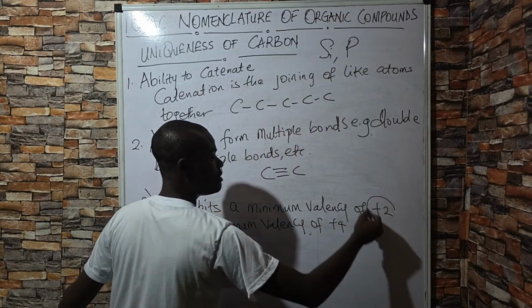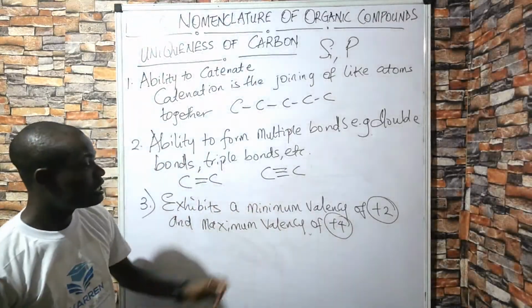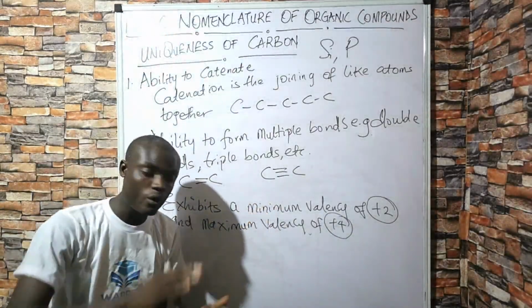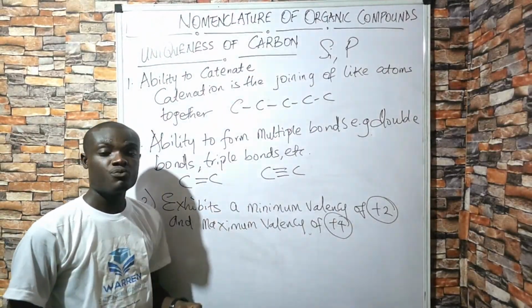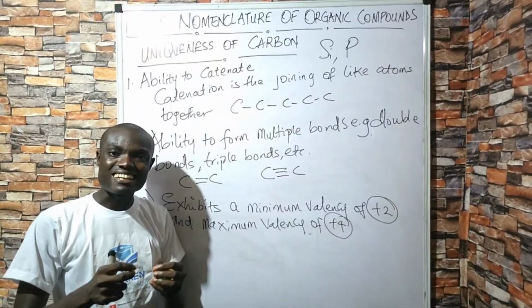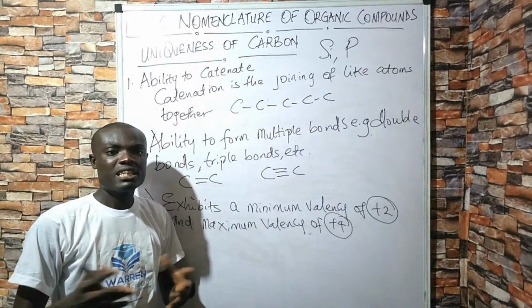So it exhibits a minimum valency of +2 and then a maximum valency of +4. Now minimum means the lowest, while maximum means the highest. Now in chemistry, there's what we refer to as the ground state, and then there's what we refer to as the excited state. Now what's the difference?